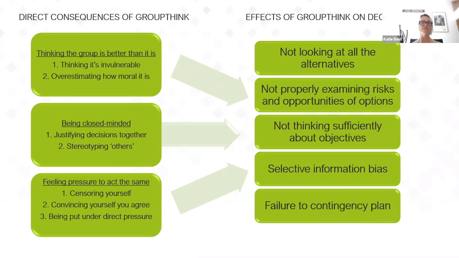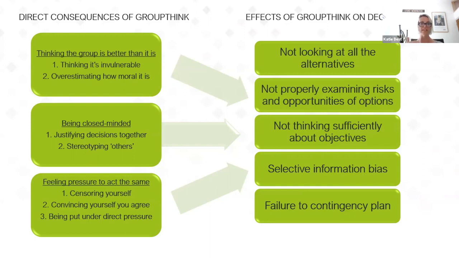And groupthink also makes us feel pressure to act the same. So we censor ourselves. That happens, as I was saying, a lot in online interactions, but also face-to-face, we do it so much. I had a socially distanced chat with a friend in my front garden yesterday, and she was saying how, if she's truly honest, she hadn't made up her mind on Brexit until 2 or 3 weeks before the vote, and she just went with what everybody else where we lived said.